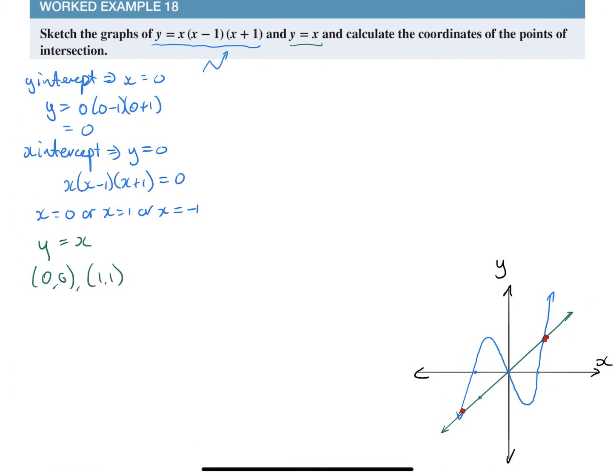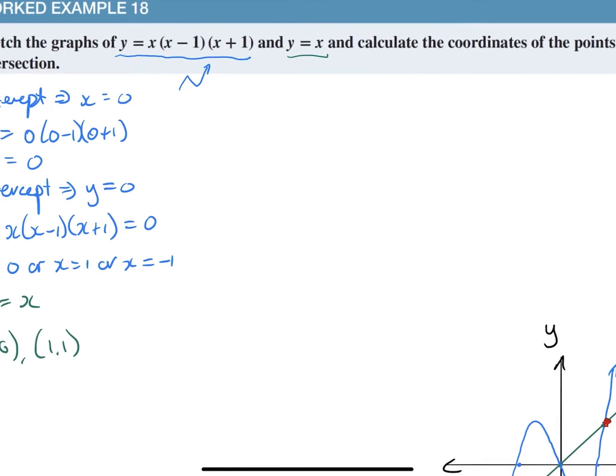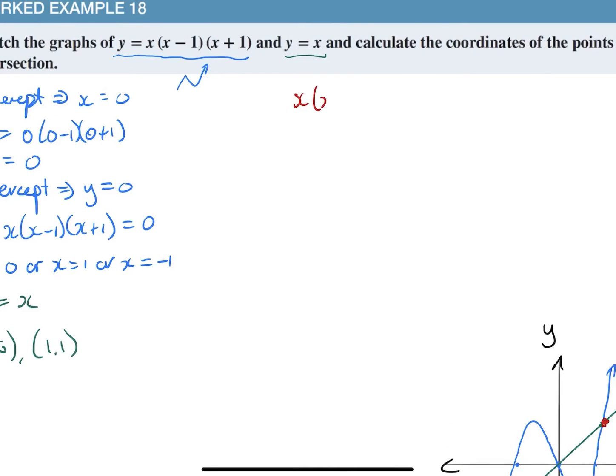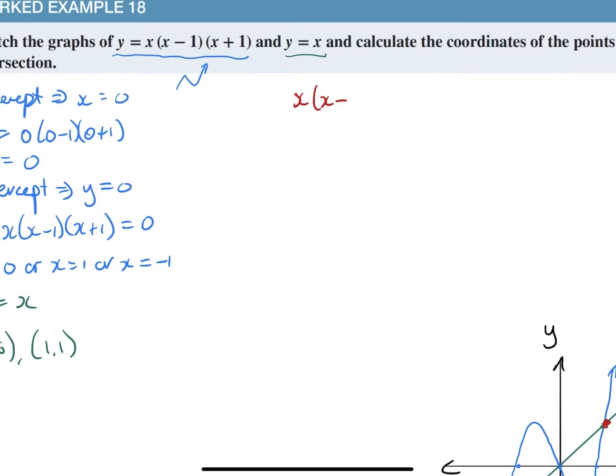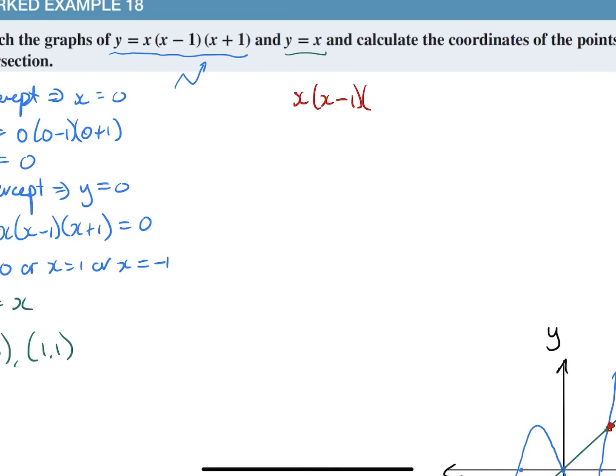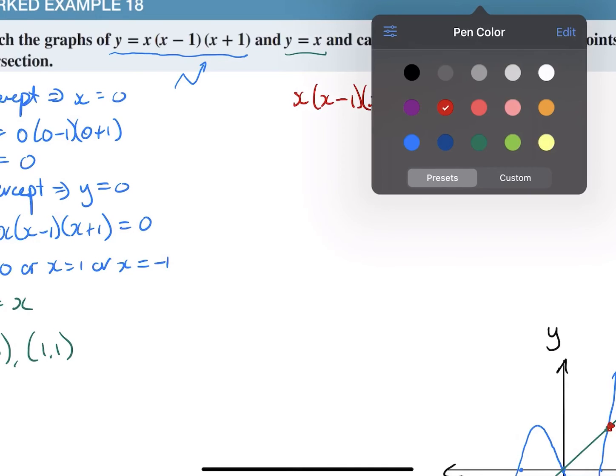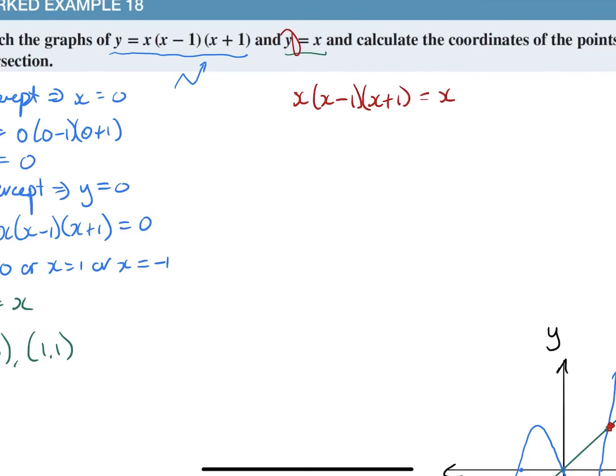So where they are equal means that is where x times (x minus 1) times (x plus 1) is going to equal x. That's where the two y values are going to be equal.